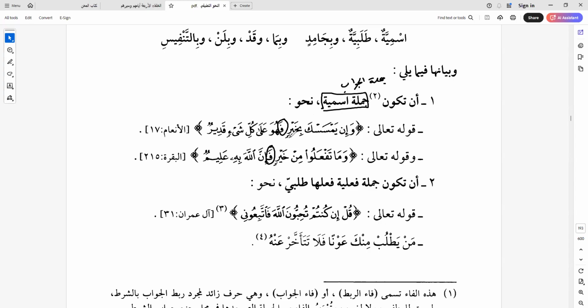So the jumlatul jawab must start with fa, or we have to pair it. So we have the adat, we have the fail, then we have the jawab here.